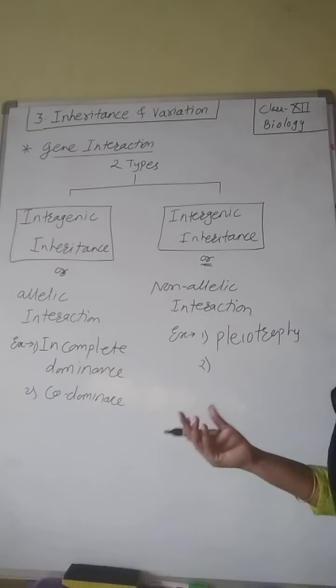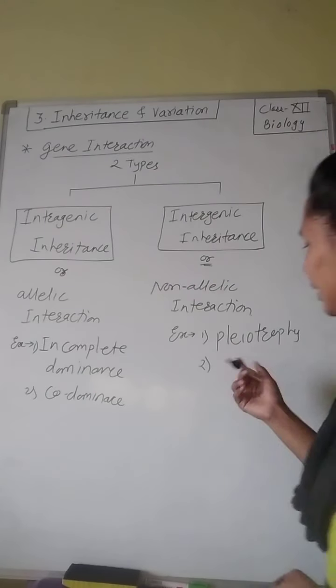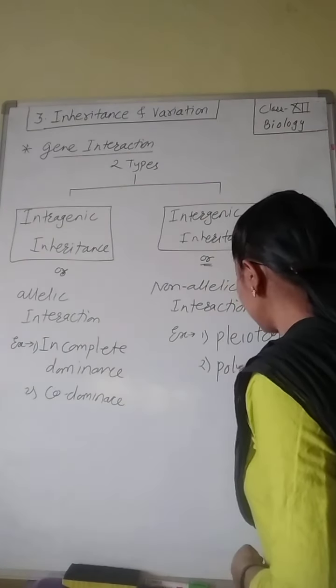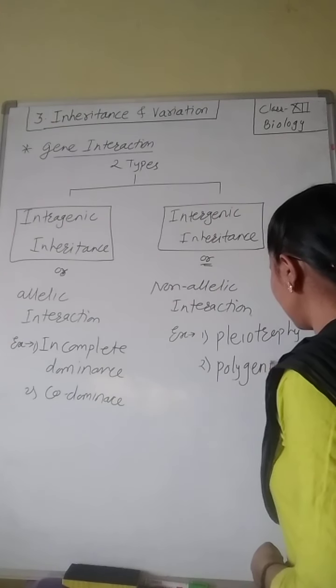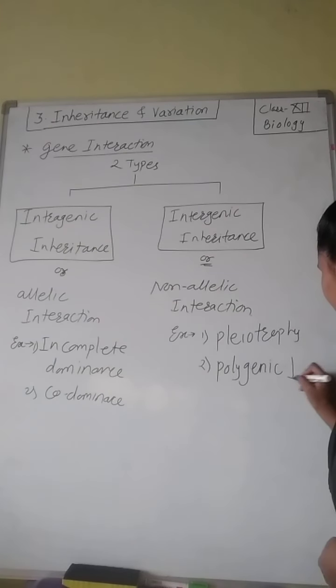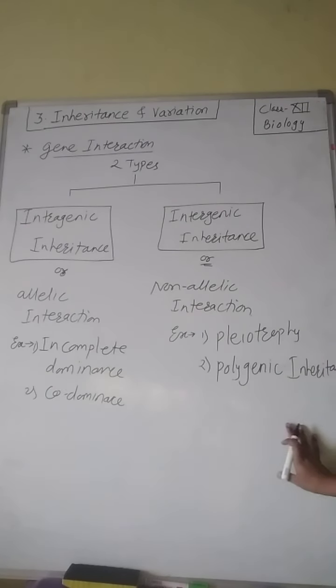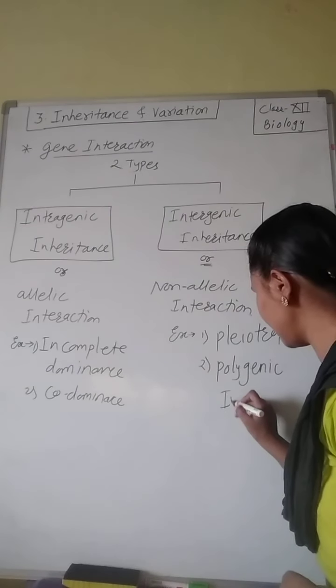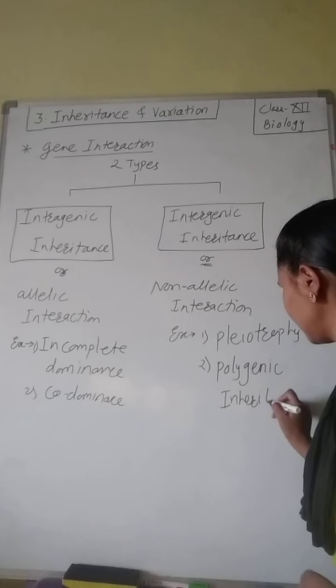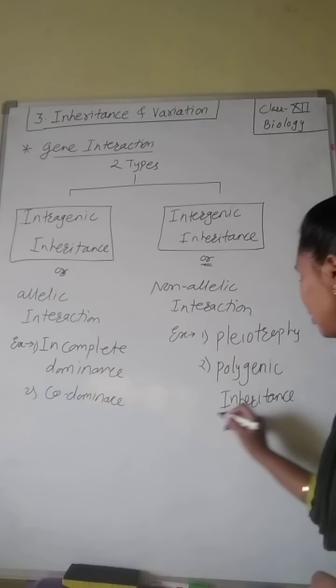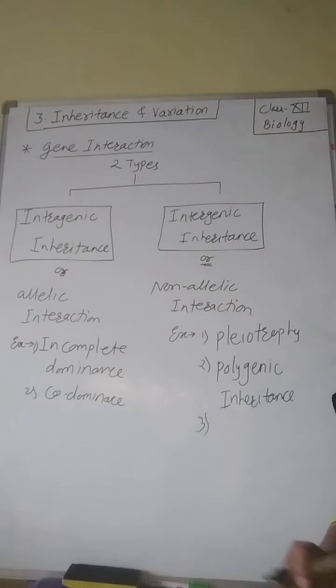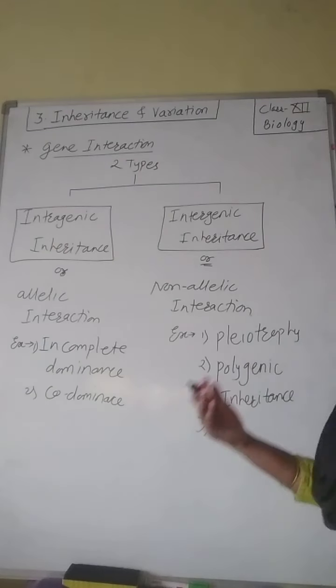Second is polygenic inheritance. Third is epistasis.